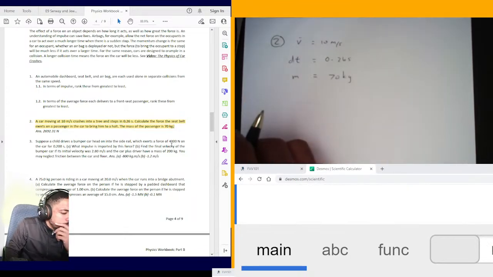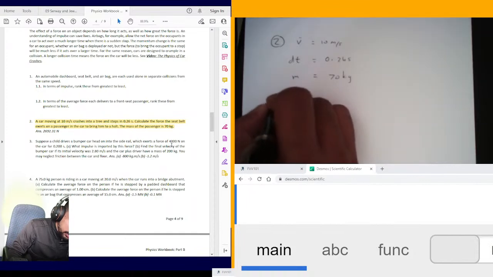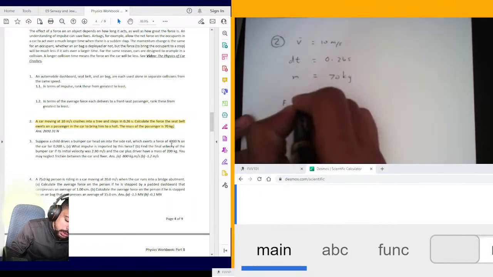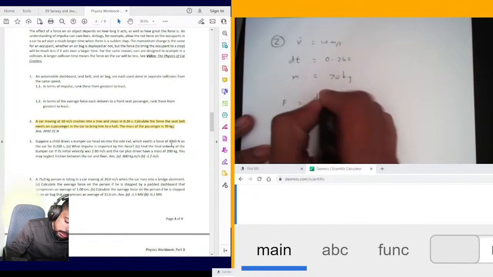So they want the force the seat belt exerts on the passenger to bring him to a halt. Now, from the impulse momentum equation, force is equal to the change in momentum over the change in time.